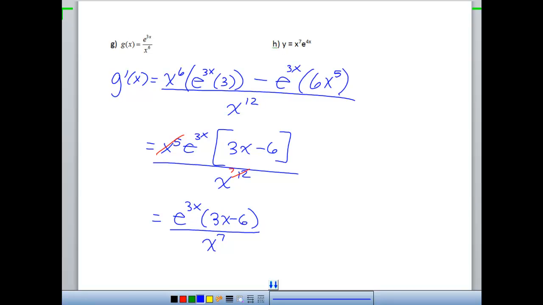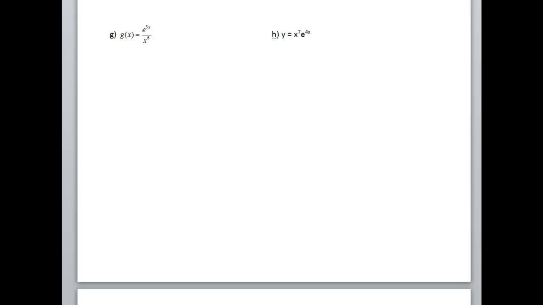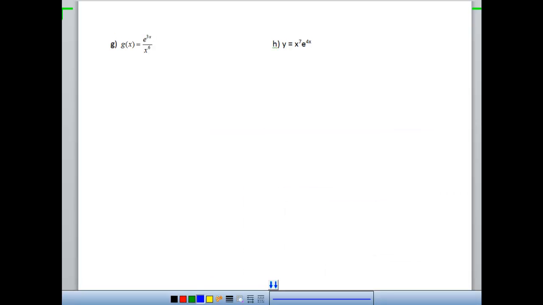Okay. What about H? What do we need to do there? Product rule. Okay, we've got x to the 7th times e to the 4x. So we're going to use a product rule. And we get y prime equals first times the derivative of the second, plus second times the derivative of the first.